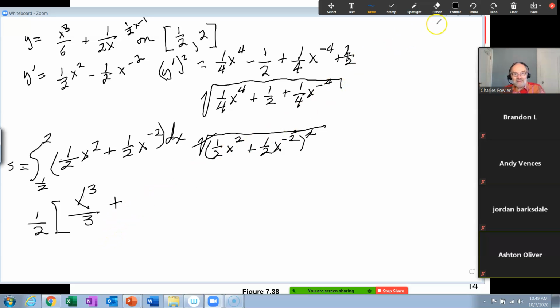Now let me get my eraser here and change back to a minus. Minus x to the -1, or 1/x, you could say, and that's evaluated from 1/2 to 2.